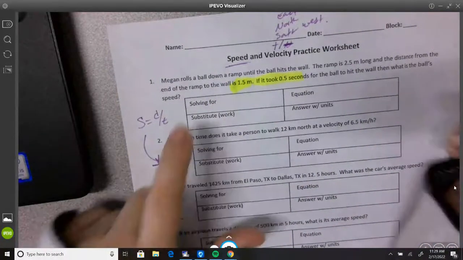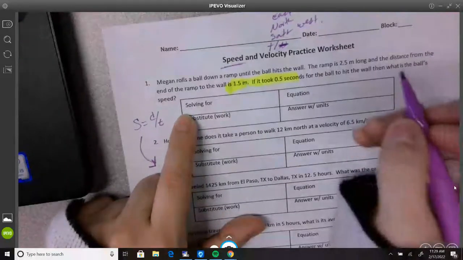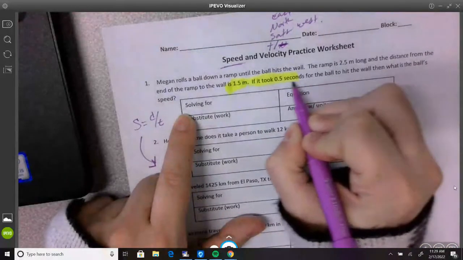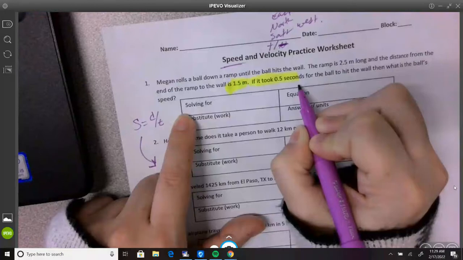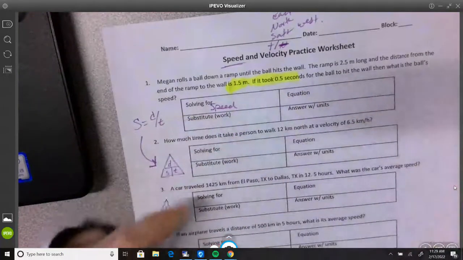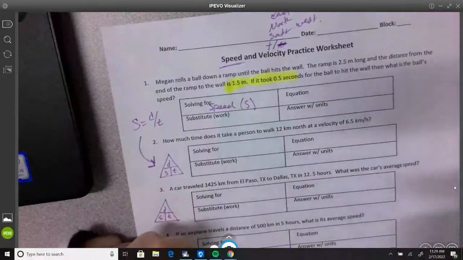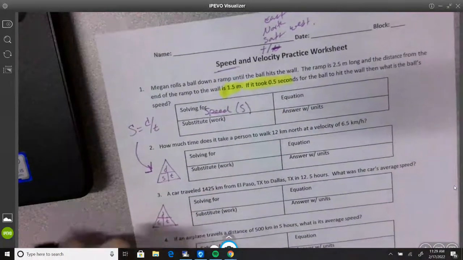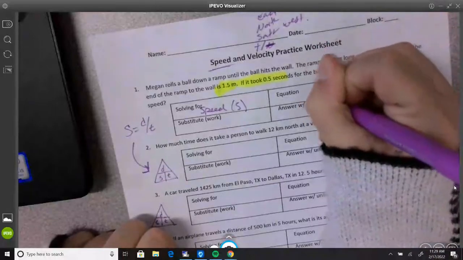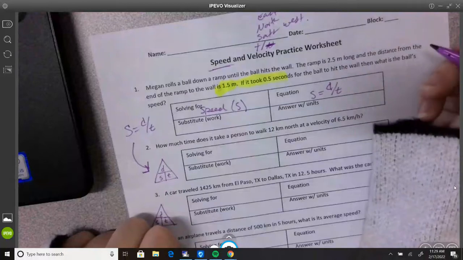So we are solving for our speed. So that's what we would put right here, speed, or you can go ahead and put in an S, either way. We know that to calculate speed, speed equals distance over time.